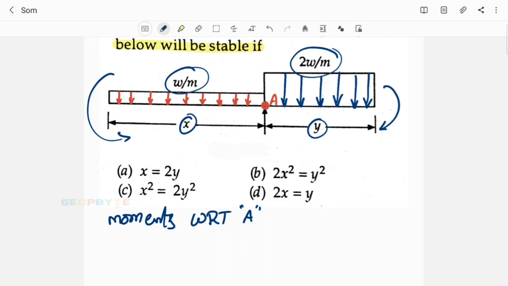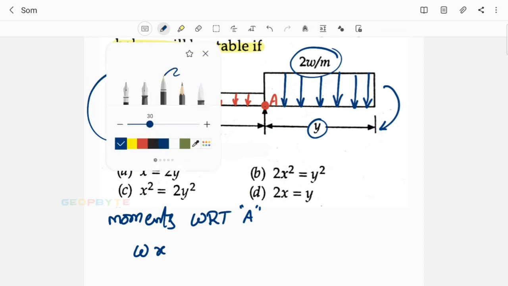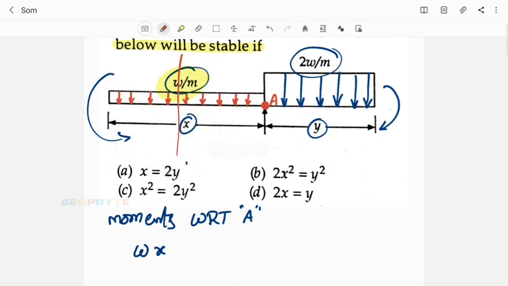Therefore, the anti-clockwise moment due to W UDL is UDL into UDL distance, which gives the point load. Assume that the resultant point load is acting at the middle. From the middle point to the distance up to A, this is x by 2 into x by 2.